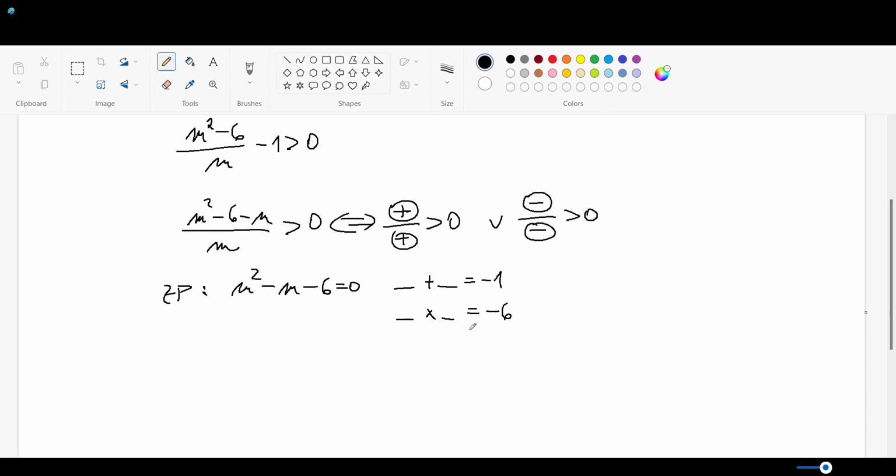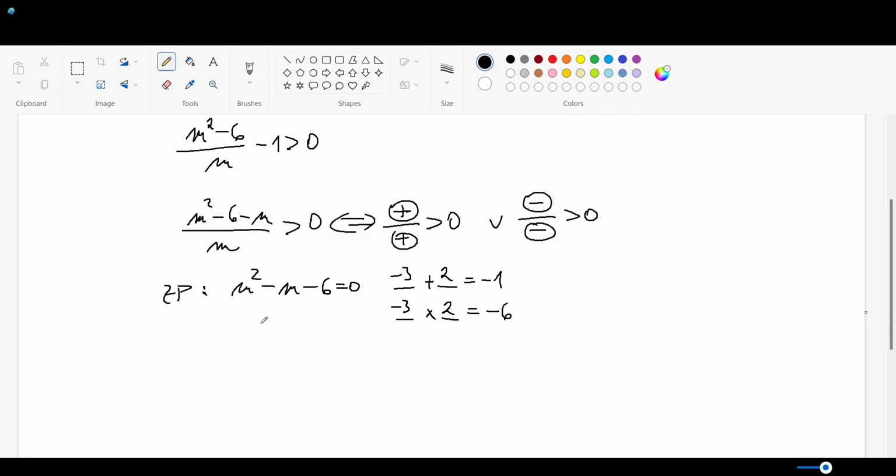So what are my numbers? I'm looking for whole numbers, for integers, so it's good. How can I get -6? I can get it when I multiply 1 by 6. Of course, one of them must be negative, but if I add these numbers up, they are not going to give me -1. So there is only one solution: -3 plus 2, which is -1, and -3 times 2, which is -6.